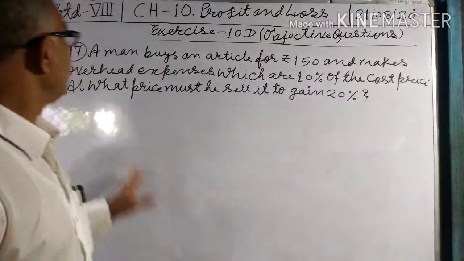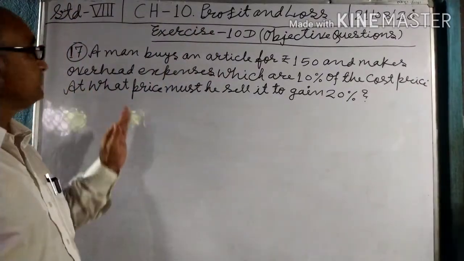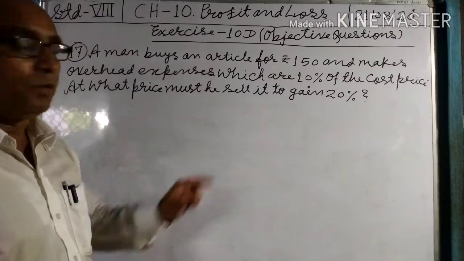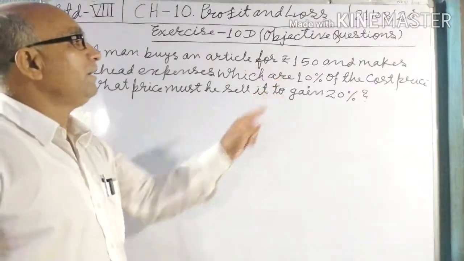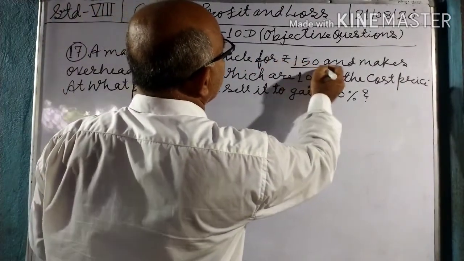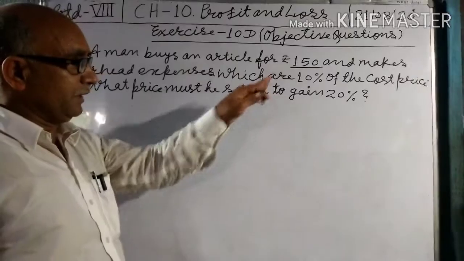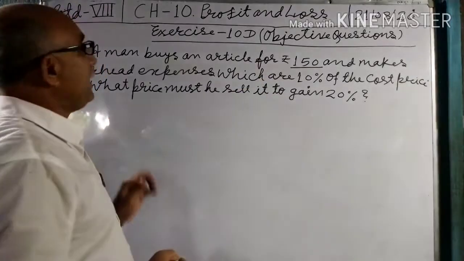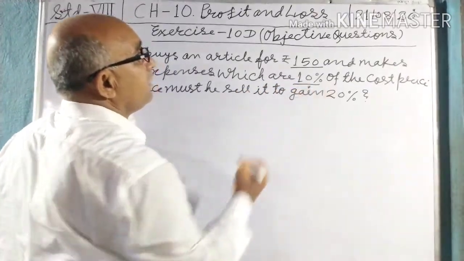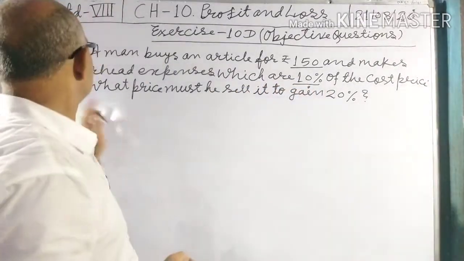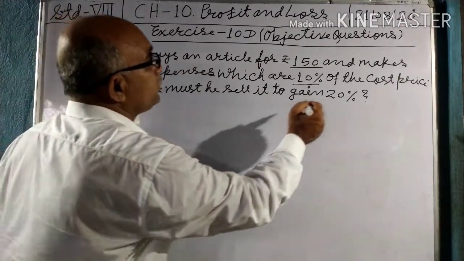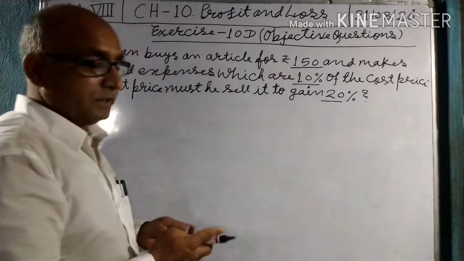Students, next question is question number 17. A man buys an article for rupees 150 and makes overhead expenses which are 10% of the cost price. At what price must he sell it to gain 20%?